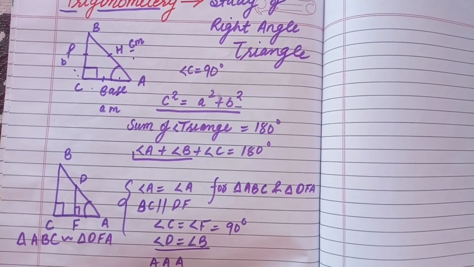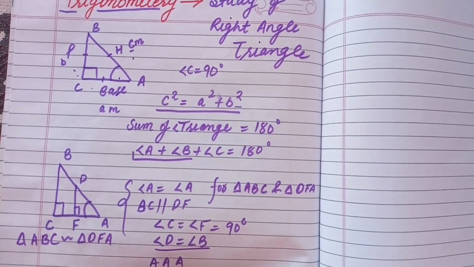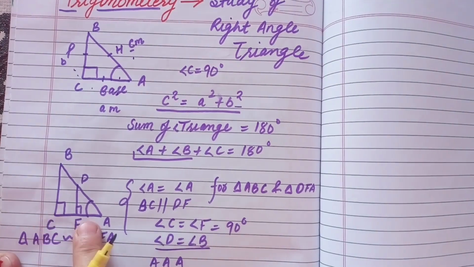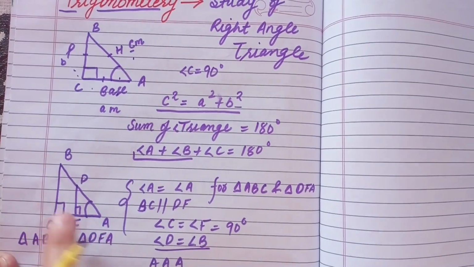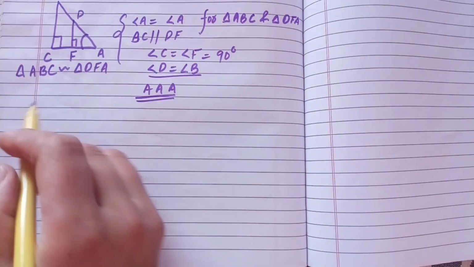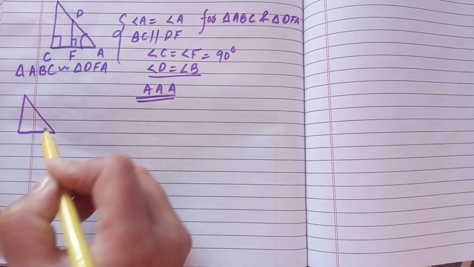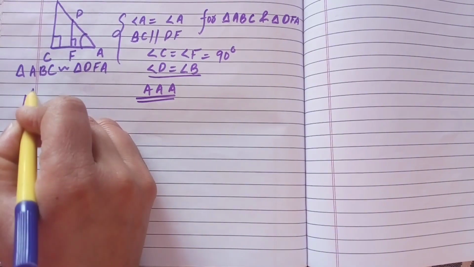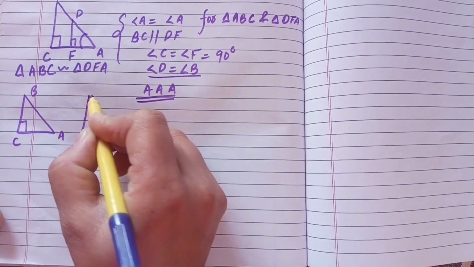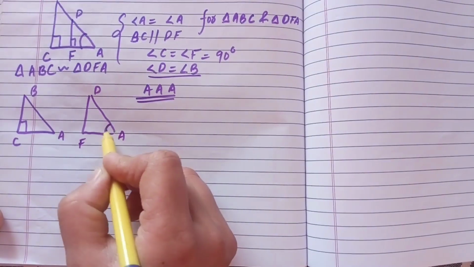The condition of similarity is that the ratio of sides is the same, that is constant, or the ratio of the sides is proportional, right? Let us see how. We discuss these two triangles one by one. This is triangle BAC, and the second triangle is DAF, right?